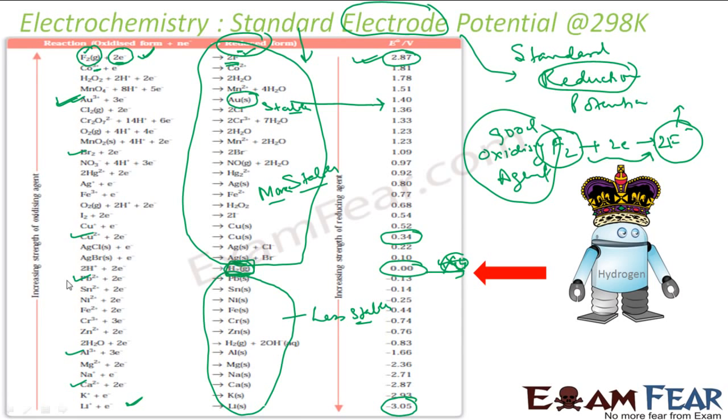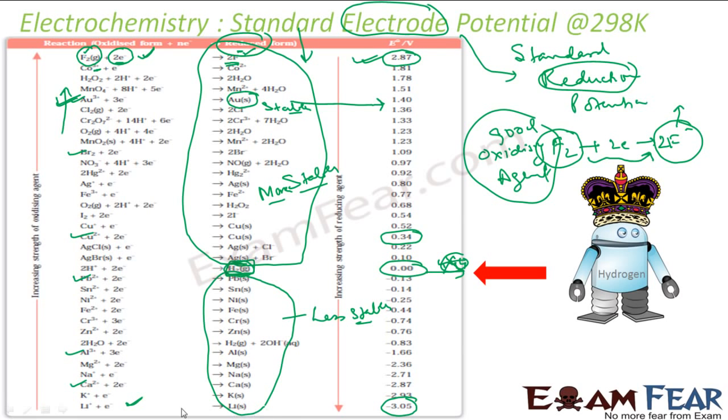So that means if you go up, the oxidizing capacity increases. Fluorine is a very good oxidizing agent. Here also, if you go down, the reducing agent capacity increases, because lithium plus wants to become lithium.